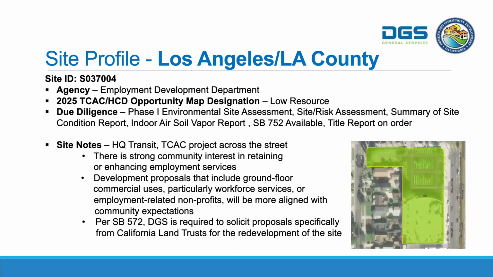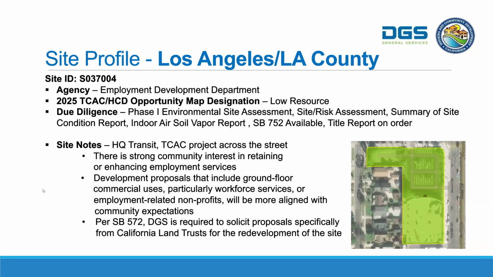Okay, here's another site in LA that is owned by the Employment Development Department that we wanted to mention. You can see the site ID. You can look it up on the map right now if you want to follow along.